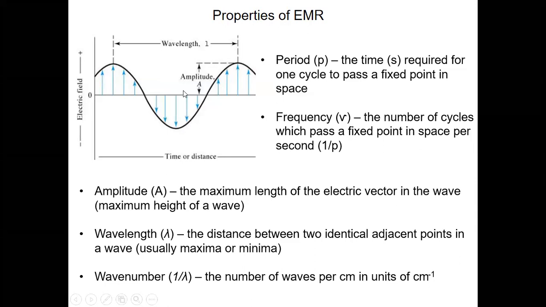I discussed all these definitions, especially wave number and wavelength. You are familiar with the wave number because in the IR, most of the cases we use wave number, and in other spectroscopic methods we use wavelength. So wave number is 1 over lambda.